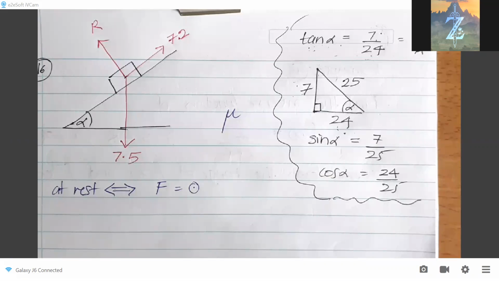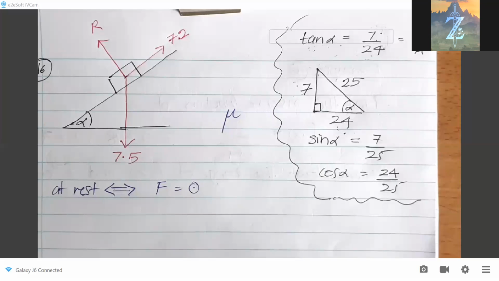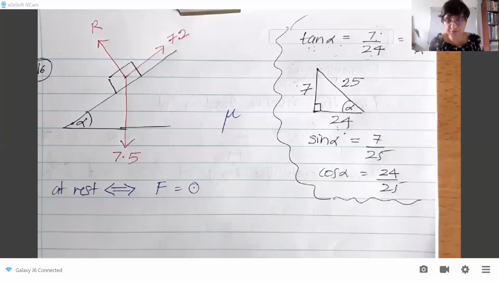I think it's F max. Why do you say it's F max? So this is the thing, you have to be thorough with the theory to answer these questions.